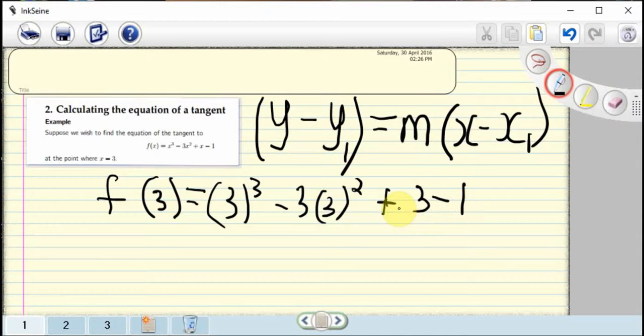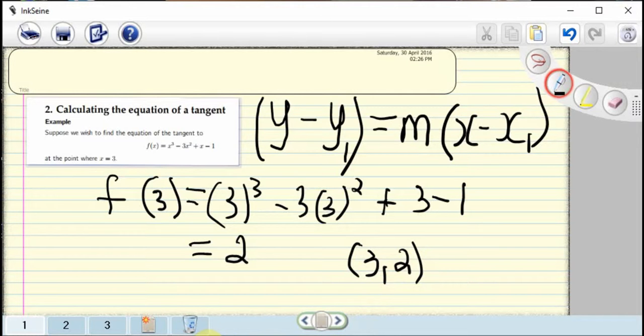And that all works down to 27 minus 27 plus 2. So that leaves us with what? 2. So that means when x equals 3, our value of y is 2. So we have our x1 and our y1. That's 3, 2.